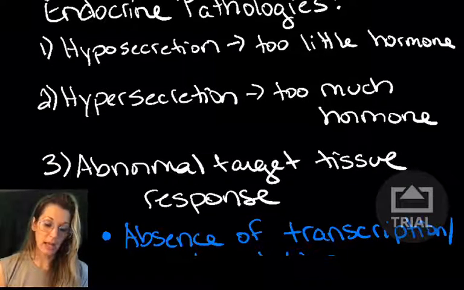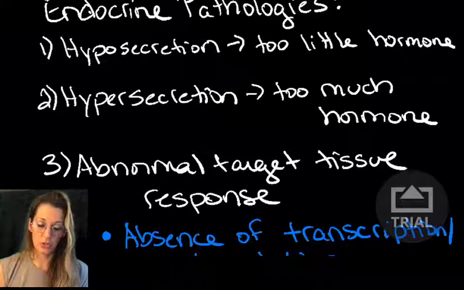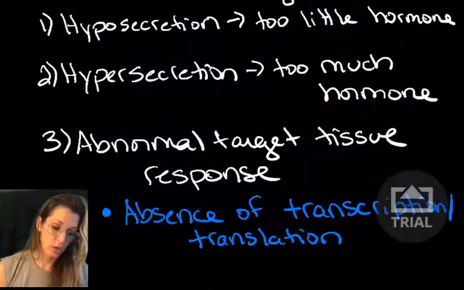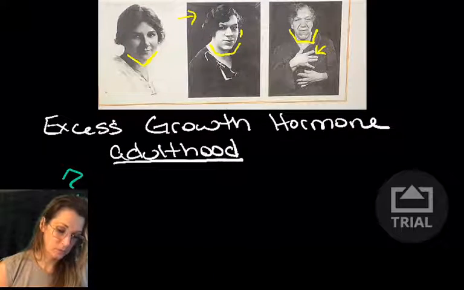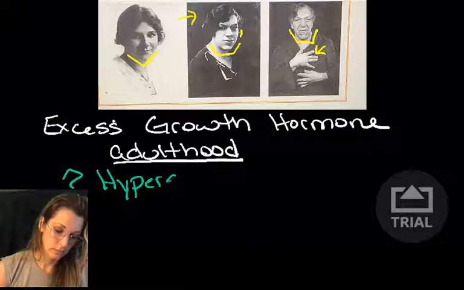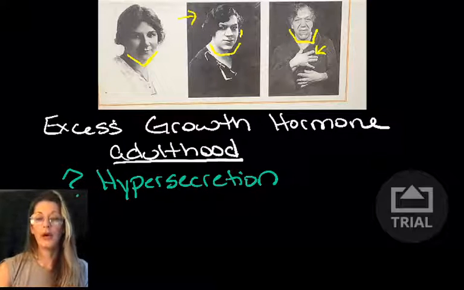So are we getting hyposecretion, hypersecretion, or abnormal target tissue response? In this case, of course, we're getting hypersecretion. So hypersecretion of a hormone.